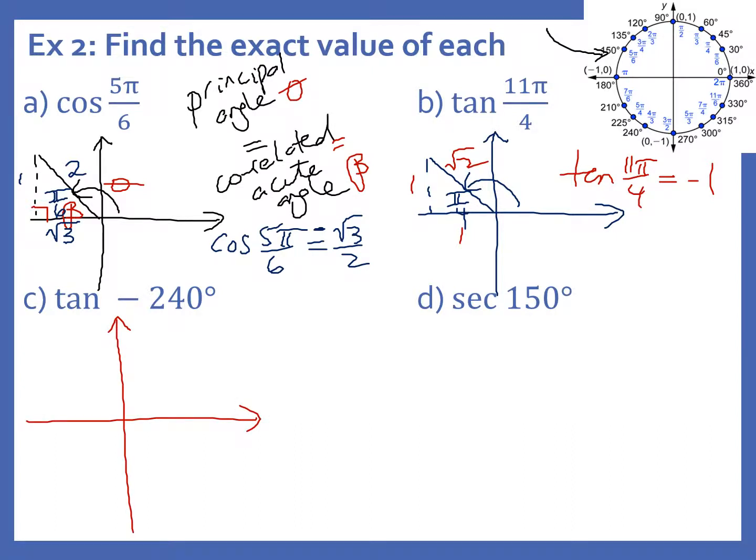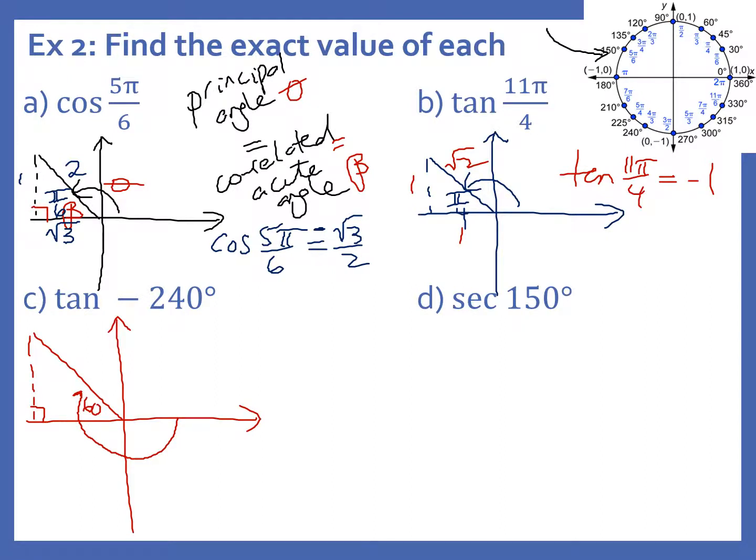C, -240. -240 just means you're going around clockwise. So we're going to go, there's 180, and that's going to put us there. So if I went around just to the x-axis, that's 180 degrees. What's left over from 240 is 60.